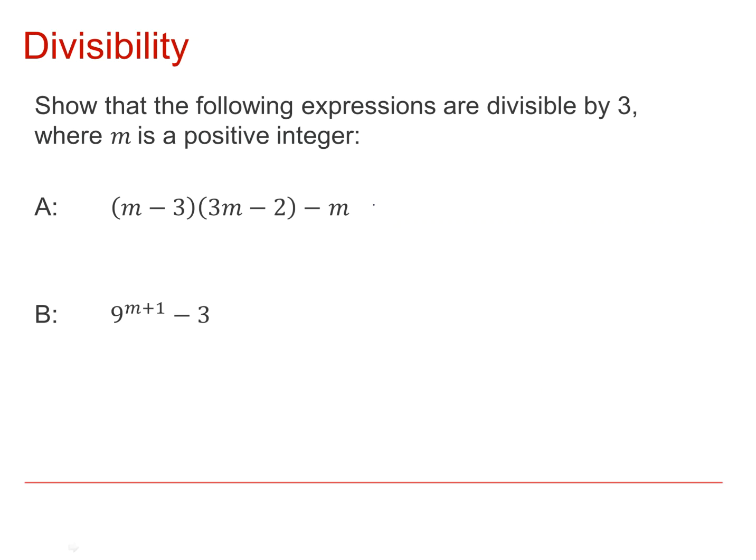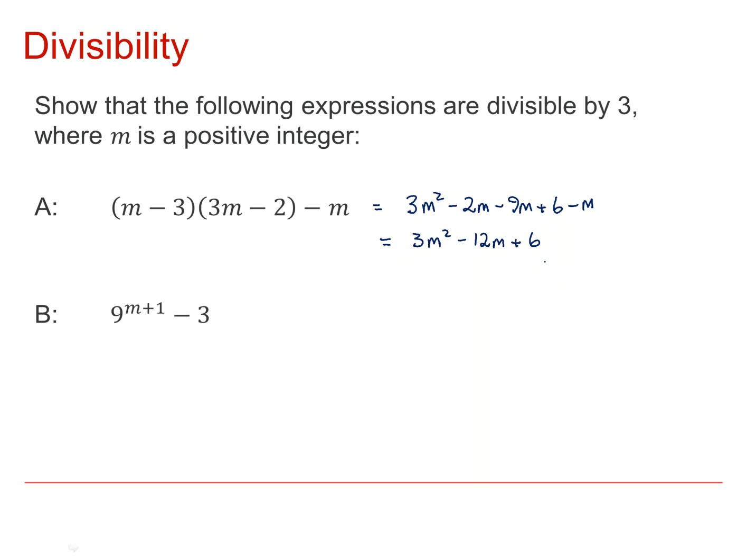OK, you'll have started by multiplying out the brackets to get 3m squared minus 2m minus 9m plus 6, take away m. And collecting terms, that gives us 3m squared minus 12m plus 6. We can see that this expression is divisible by 3 because each of the terms has a coefficient which is a multiple of 3.